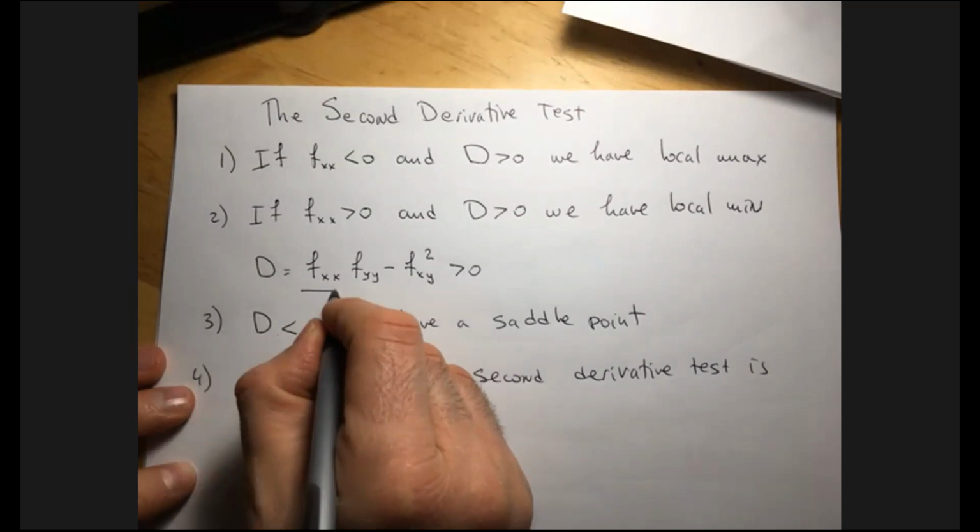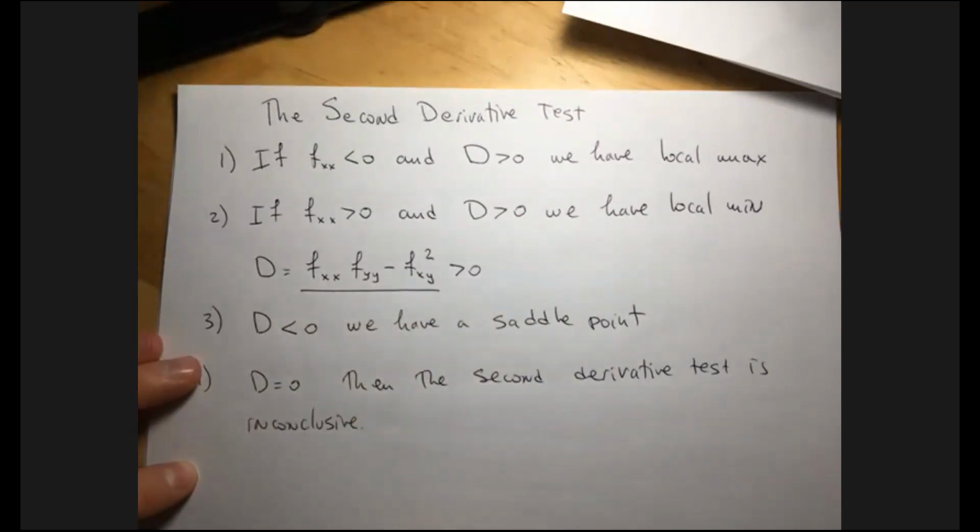This expression here is called the discriminant of the Hessian matrix, and the Hessian matrix is equal to f double x, f xy, f yx, but by Clairaut's theorem, these are the same, f double y.